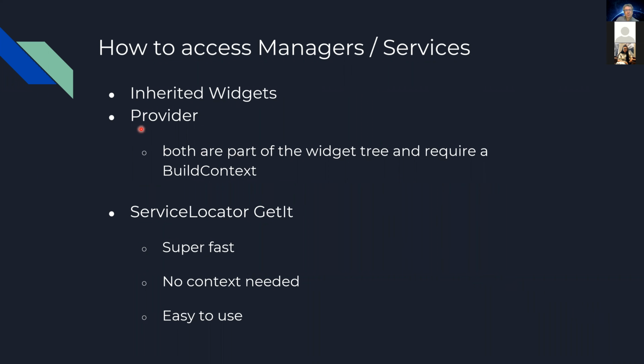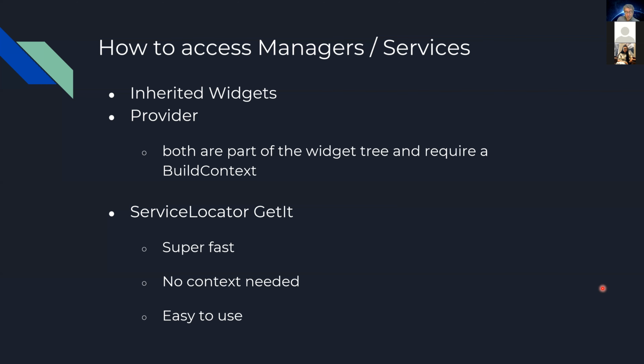Remi wrote Provider some time ago, which solves the problem and is based on inherited widgets. A little bit of a problem is that they are both part of the widget tree, which means they require a build context, and they also clutter the widget tree with meta widgets that are not real UI elements.